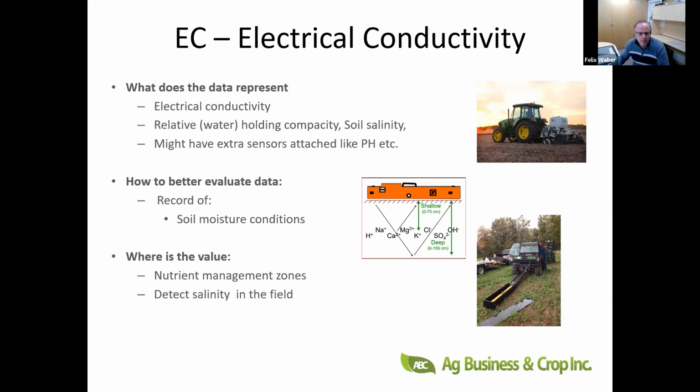Water holding capacity is one of the limiting factors in managing a farm. It is also a great way to detect salinity in the field. The field only needs EC mapping once, unless you start to move soil or use a practice, such as tillage, that could extremely change the soil.